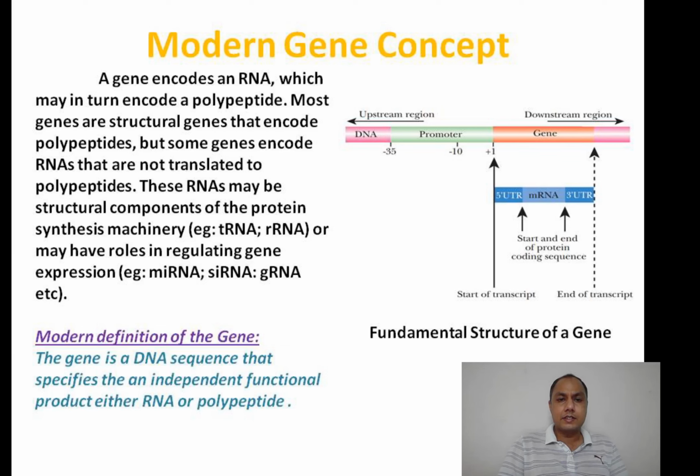That means this is functional, this is functional. Gene is nothing but the DNA sequence which specifies a functional product, whether in terms of RNA, any kind of RNA, or in terms of polypeptide. So that was the overall modern concept of the gene.